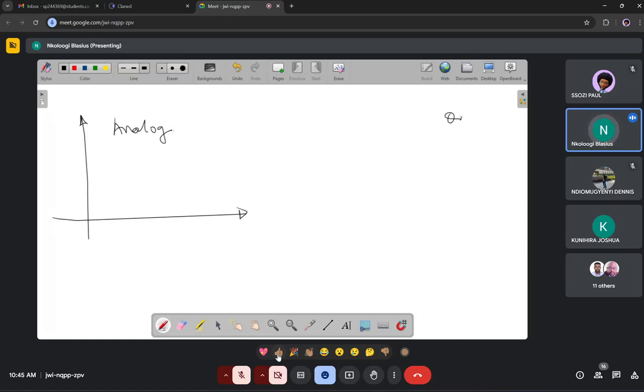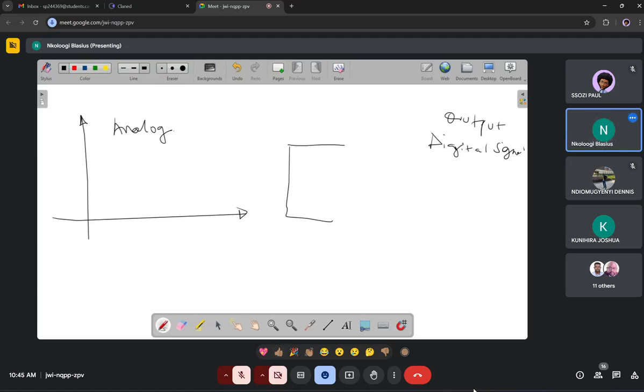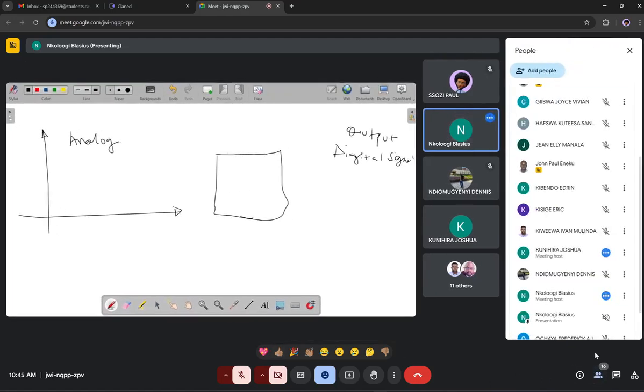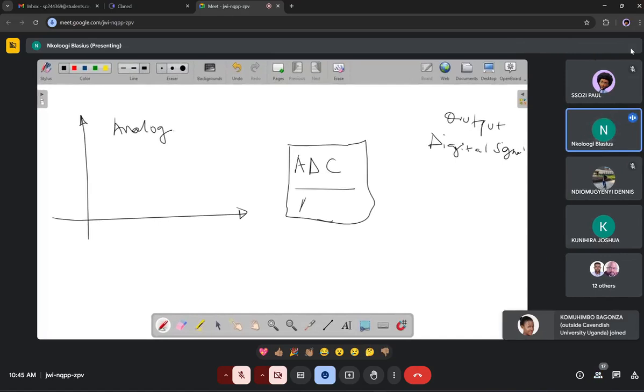Your output is going to be here, and what you need as output is a digital signal. So you would always have something called a converter, and this converter is called an analog digital converter, abbreviated as ADC. Sometimes they just write something like AD. That means analog digital converter.